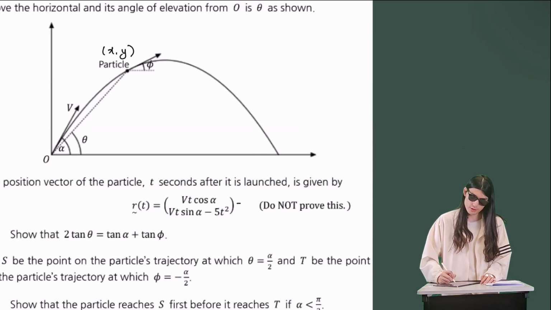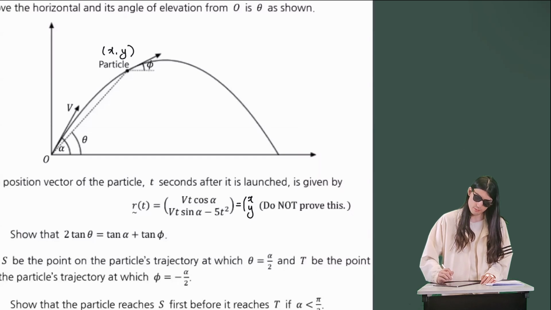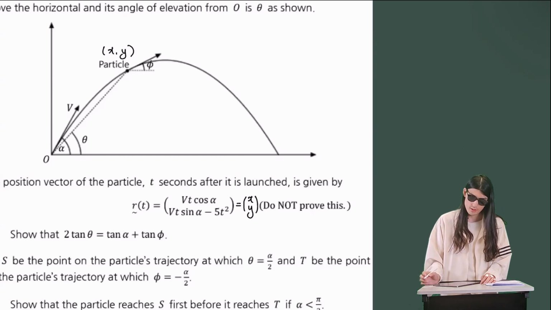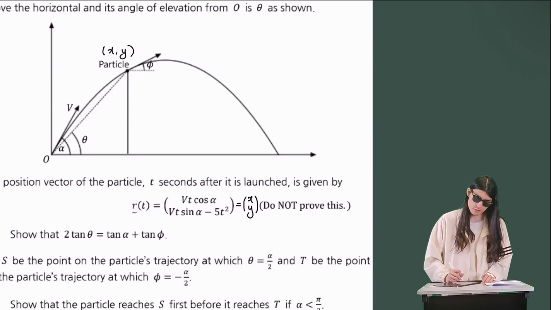Essentially, of course, the position vector of the projectile given, they're giving us that x and y coordinate respectively. And the angle theta is the angle inside this right angled triangle.